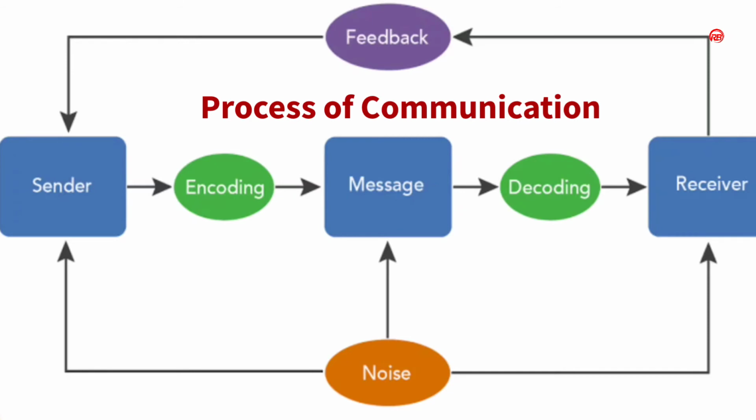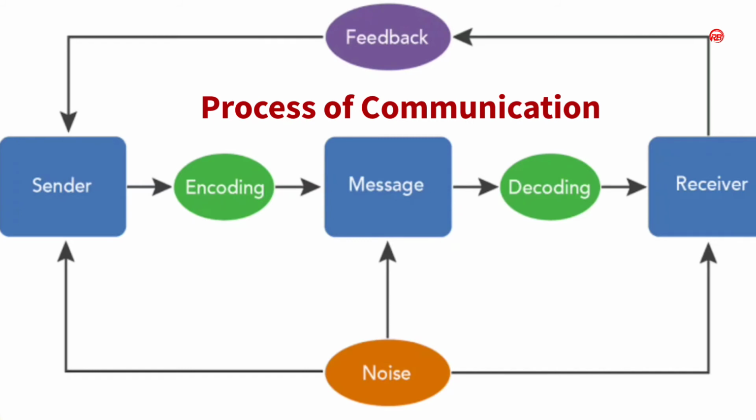To fulfill a communication, we need at least two people. One is the sender and the other is the receiver. If a sender sends a message to the receiver, he will encode the message and send it to the receiver.